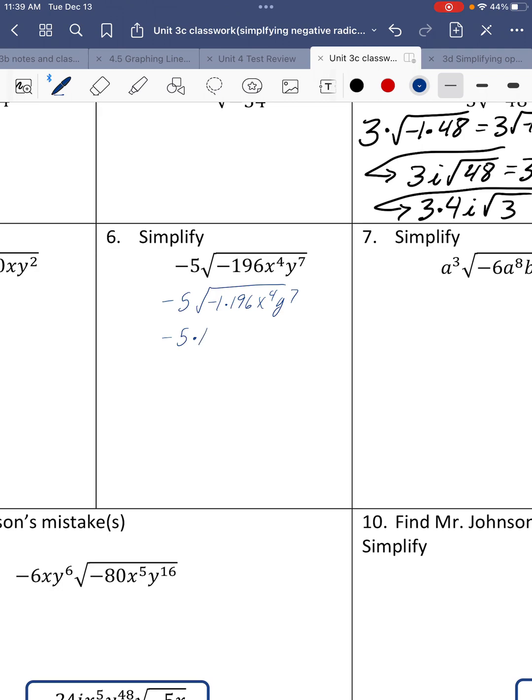Square root of 196 is 14. Square root of x to the 4th is x squared. Square root of y to the 7th. How many groups can you take out of 7? Well, there's 3 that you can take out, and there'll be 1 left over. The 1 left over is going to stay underneath the square root.